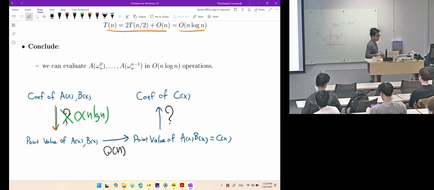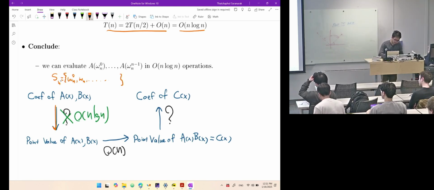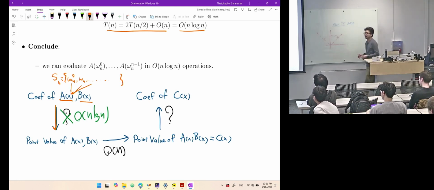What we are doing is that we choose omega n as our point set, and for each of these points, we evaluate A at every point, and do the same for B. So the x values of those points are the omega values. Yeah.